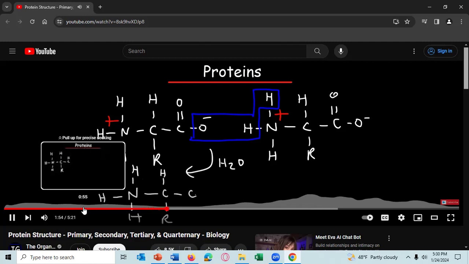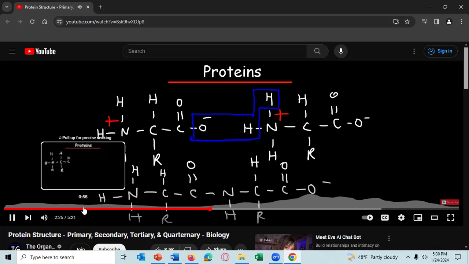So let's see if I can fit it in here. So this oxygen is gone. So now we have a nitrogen. Let me take out H2O. We have 1 hydrogen left over. We lost 2 once we lost water.